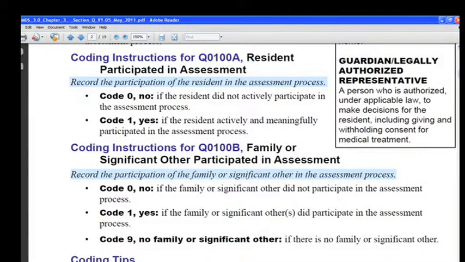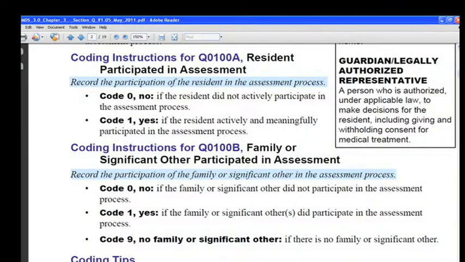The definition of resident participation is that the resident actively engages in interviews and conversations as necessary to meaningfully contribute to the completion of the MDS 3.0. So the coding is very straightforward, yes or no. The RAI manual had a change in May of 2011 that you may not be aware of.